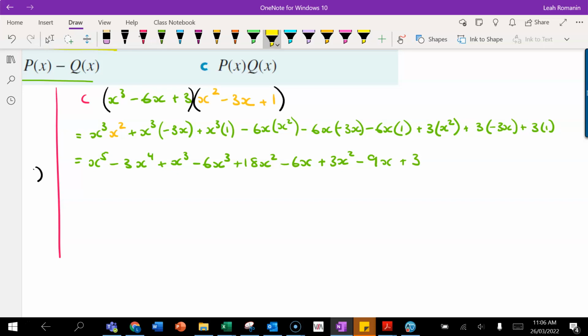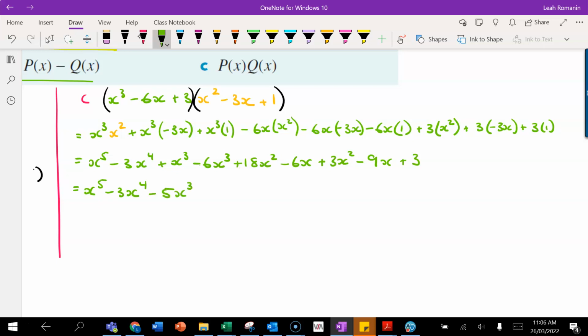Okay, so let's collect our like terms. So starting with my x to the power of 5, which looks to be my highest power. There's no other x to the power of 5. Then I have an x to the power of 4. Again, it does not have any other like terms. Okay, now I have a few x to the power of 3's. So x to the power of 3 minus 6x to the power of 3 is going to be negative 5x to the power of 3.